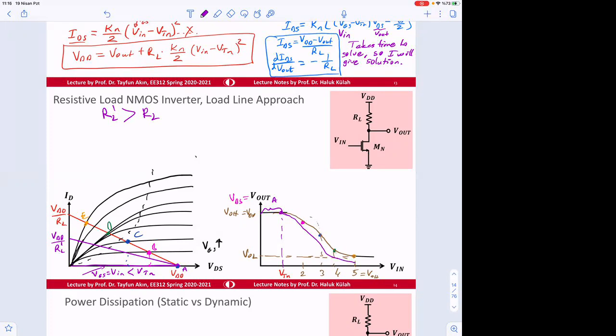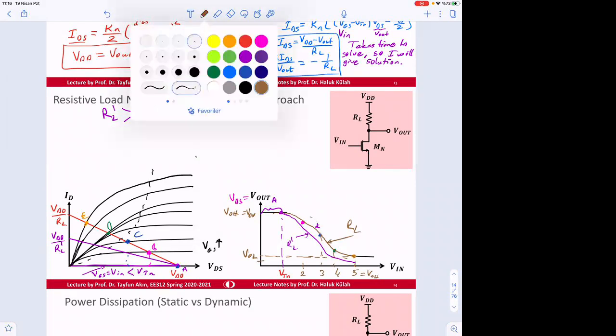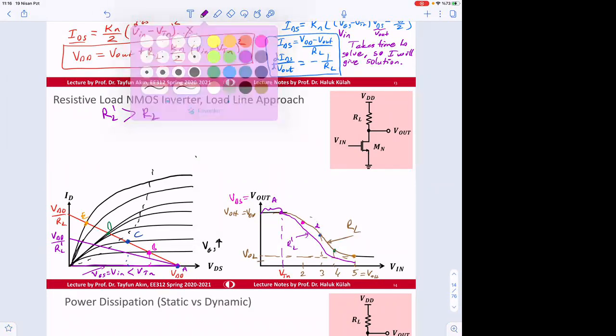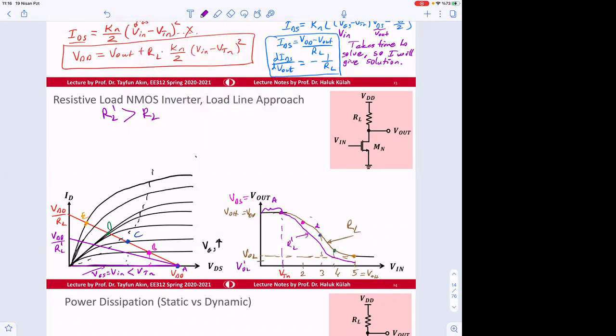Okay, so this is corresponding to RL prime, and this one corresponds to RL. So the transfer function we can plot, and this is going to be the other value, V output low prime, the new output low.